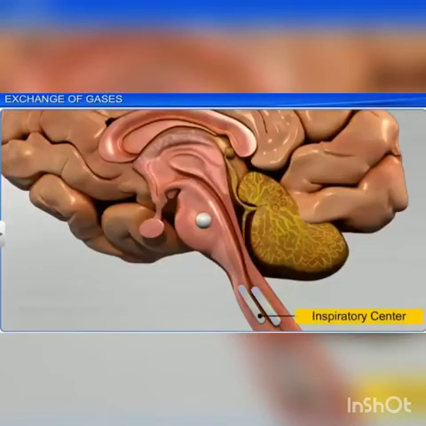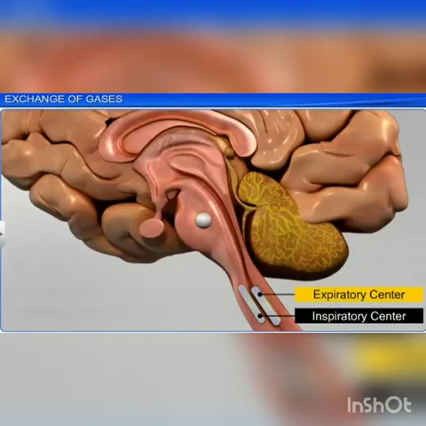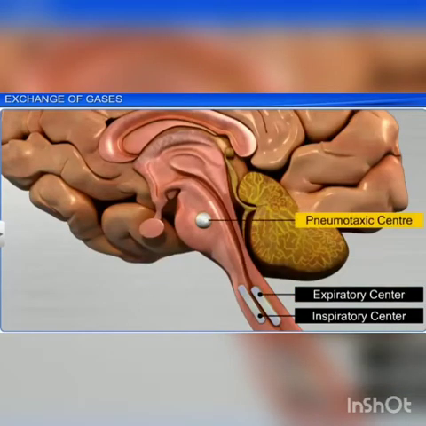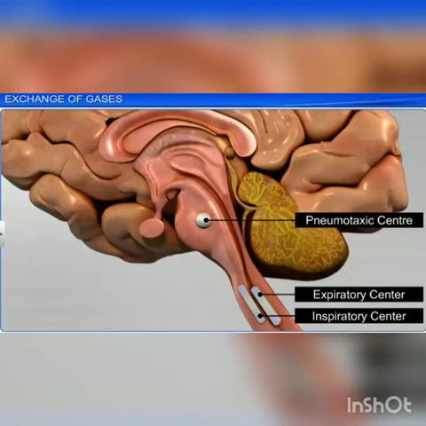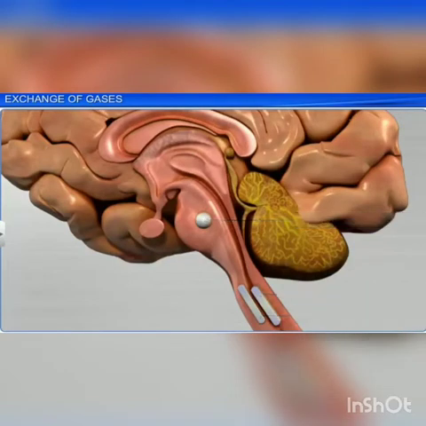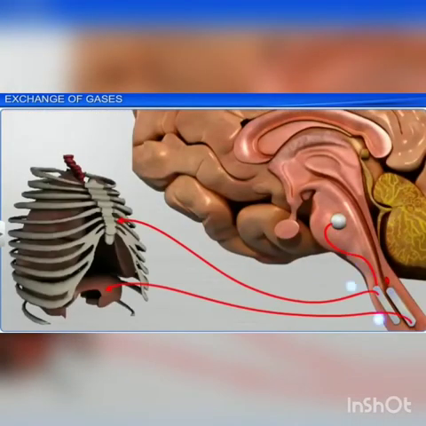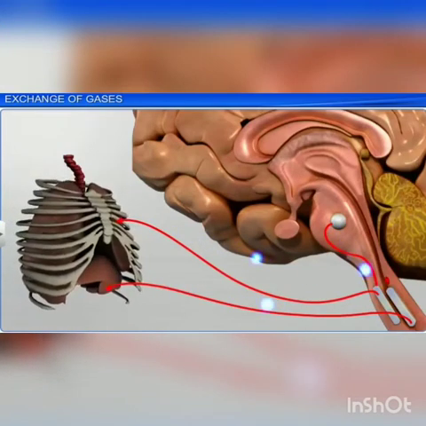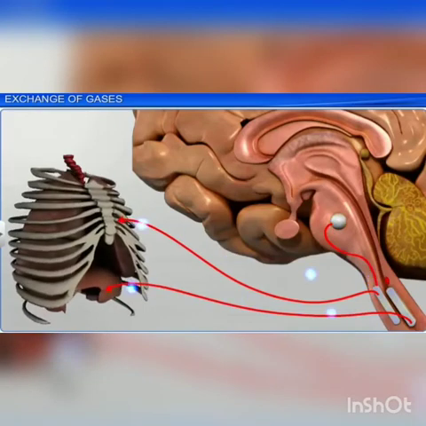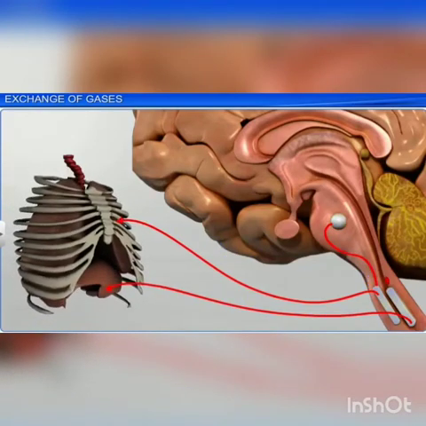The pneumotaxic center, present in the pons varolii region of the brain, moderates the function of the respiratory rhythm center to ensure normal breathing. It controls the normal, rhythmic breathing.